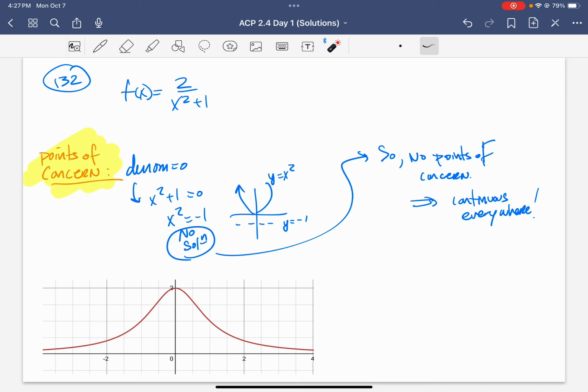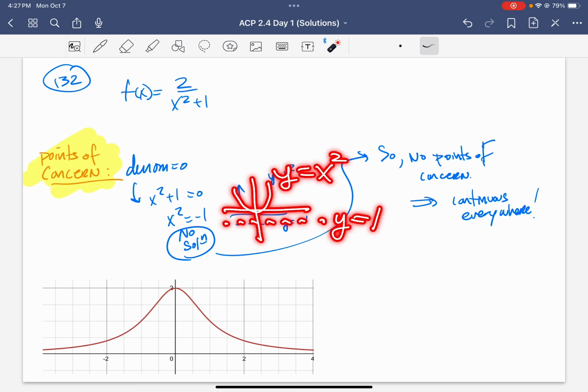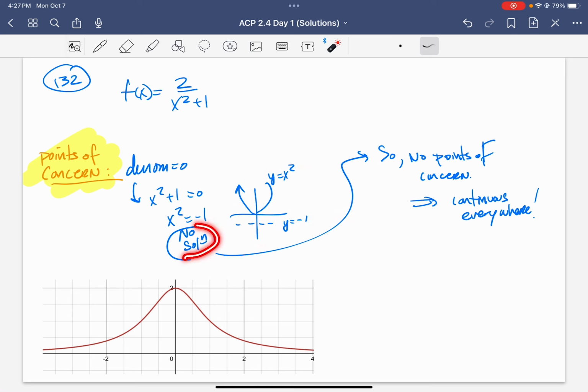So I try and solve for those points, and I say x squared plus 1 equal to 0. Well, guess what? If you subtract 1, you get this. And where is x squared equal to negative 1? Well, those two graphs, y equals 1 and y equals x squared, never cross each other, so there's no solution. That means there are no points of concern, so it's continuous everywhere.